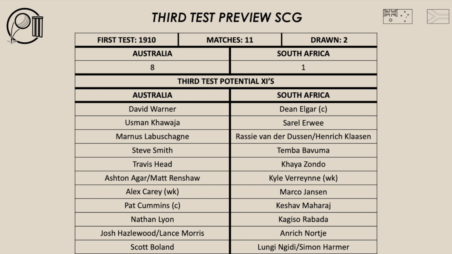So those could be the couple of changes that South Africa make for this third test to their 11 of this series. So South Africa's potential 11 for the third test could be Elgar, Erwee, Van der Dussen or Klaasen, Bavuma, Zondo, Verreynne, Jansen, Maharaj, Rabada, Nortje, Ngidi or Harmer.